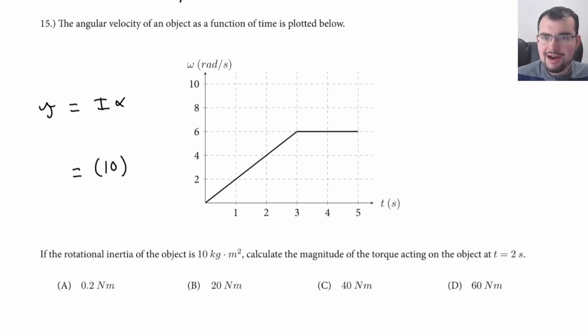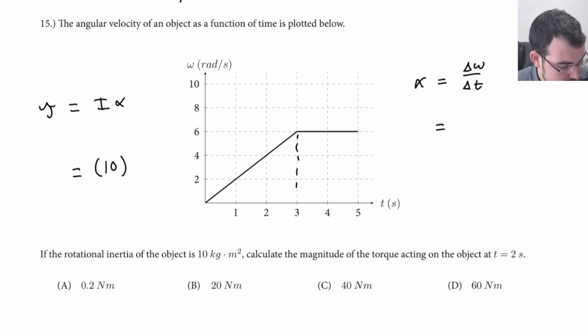Anytime you have a graph, it's really important to know what the operations are. If I read omega, I get angular velocity. If I take the slope, I get omega over t, which is angular acceleration. And if I take the area, I get change in theta. So I want the slope. Alpha is the rate at which angular velocity changes.